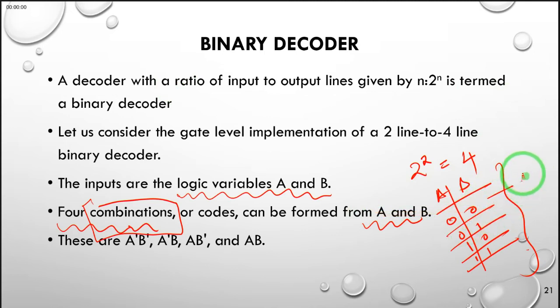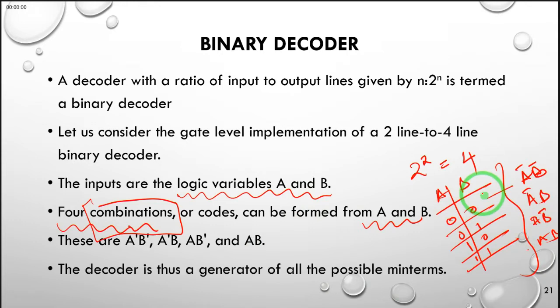When we have 00, that is equivalent to A bar B bar, and 01 is equivalent to A bar B, then A B bar, and A B. Those are the 4 possible combinations that our decoder may have, and therefore such a decoder may be considered a generator of all the 4 possible minterms.